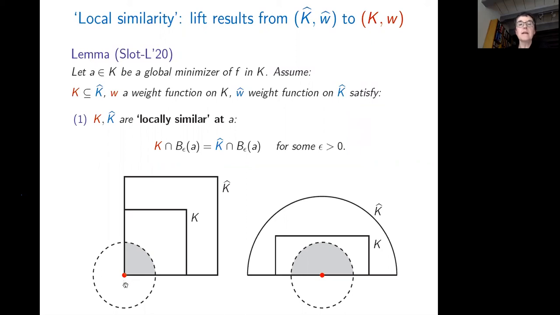And the two sets are similar at the red point because there is a small ball around the red point which has the same intersection with K and with K hat. So in this setting, the two sets look similar at the red point. This is the first condition we want. And this is a natural condition because remember that we want to approximate the Dirac delta at the red point. So if we put a Dirac delta at the red point and we look at it on K or on K hat, roughly speaking, we see the same thing.